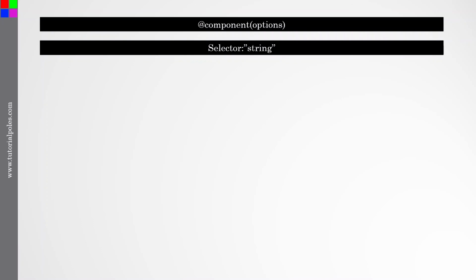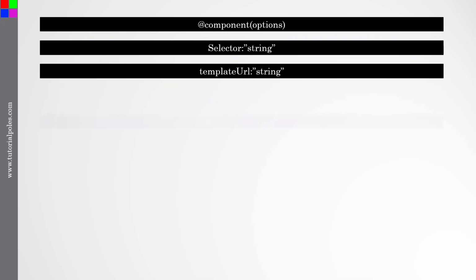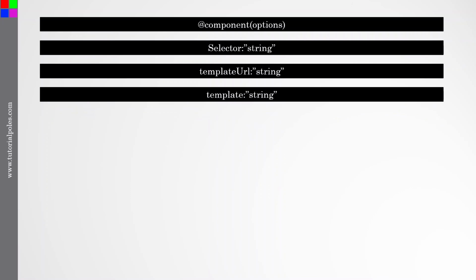As a component has to be associated with a template, we can use either templateUrl or template to specify the component's view. In template, we write directly the HTML which we want to be used as the component view. In templateUrl, we specify the URL of the HTML template which will be used as the component view.